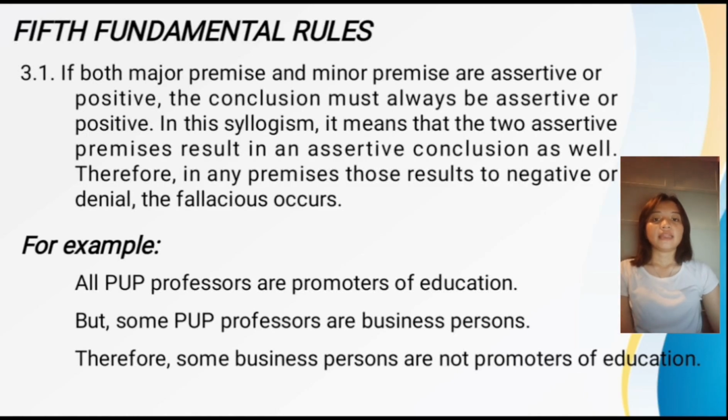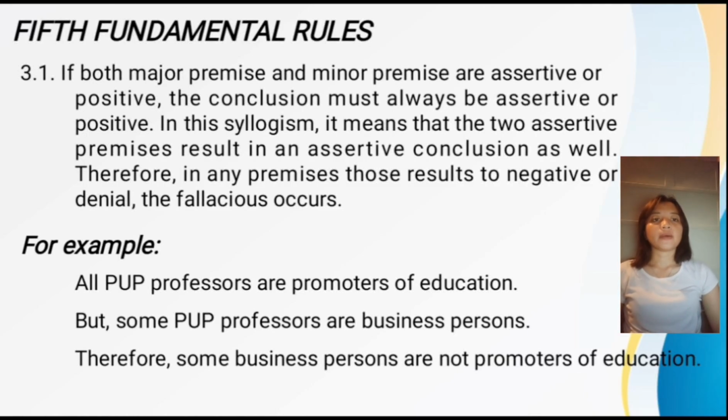So, in this rule stated, kapag both the major and minor premise is positive, it is important na pati ang conclusion is positive din. Hindi pwedeng biglang switch to a negative dahil that's when fallacy occurs, since mawawalan ng connection ang overall statement.